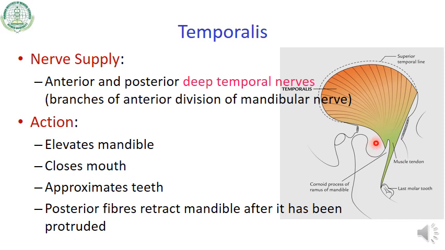The posterior fibers are also responsible for the retraction of the mandible after it has been protracted. So after protraction, bringing back into its original position, that is retracted position, is done by the posterior fibers of temporalis muscle.